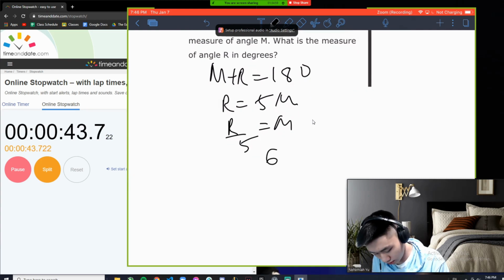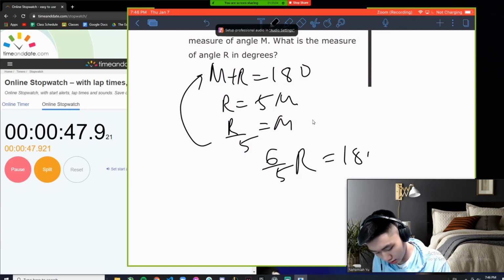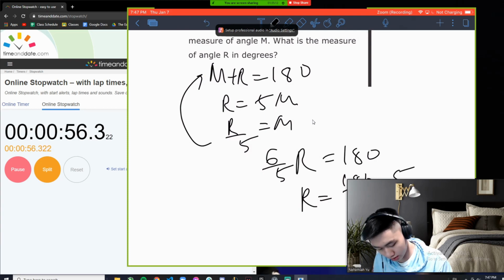So 6 over 5R, plug it in here, equals 180. R equals 180 over 6 times 5. That's from over there, so it's 120, I would assume. Oh, sorry. Okay, it's 30 times 5, which is 150. I'm dumb.